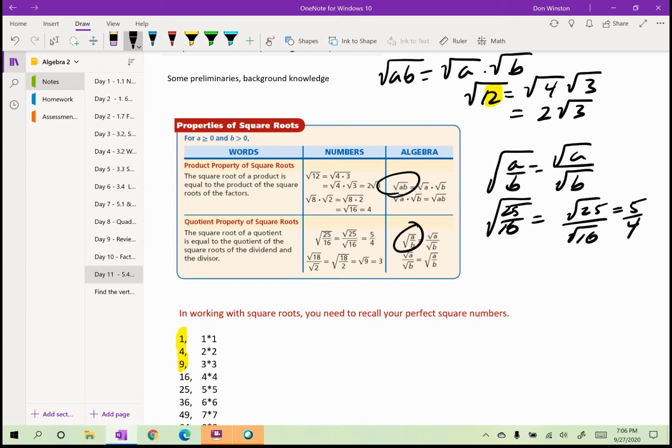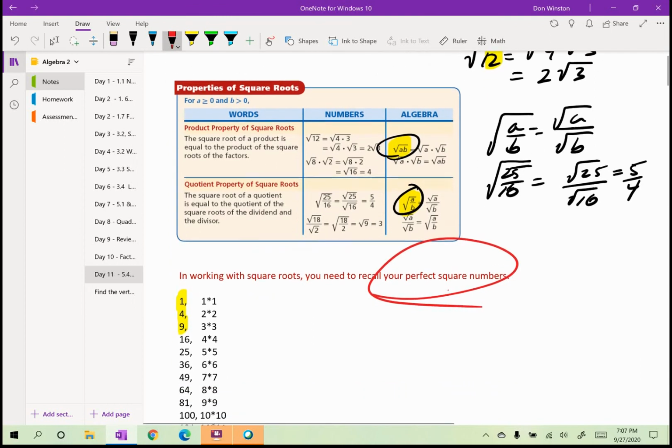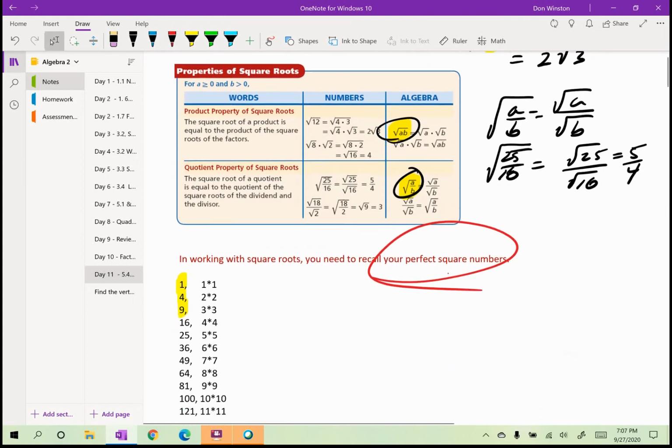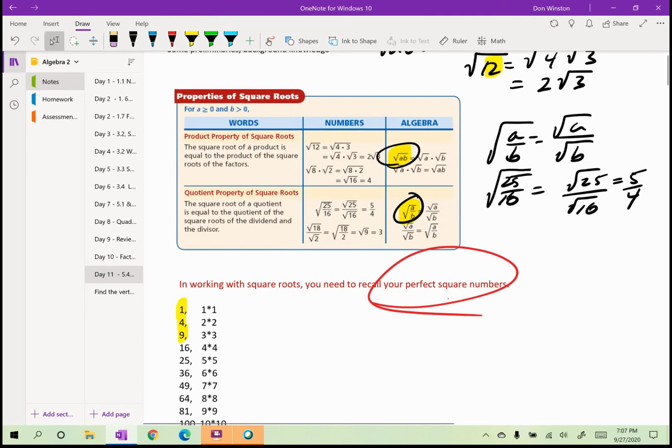So we'll be using these two properties a lot when we complete the square. But when we simplify radicals, it's important to remember your perfect square numbers. You have to remember your perfect square numbers. All right, so that's the required knowledge in working with completing the square.